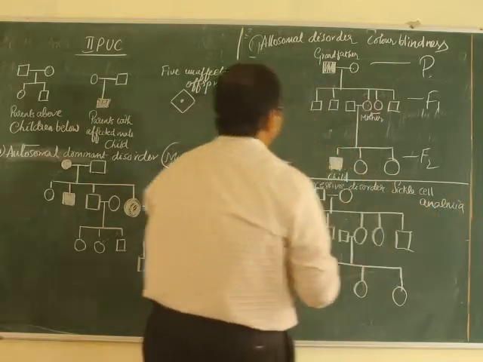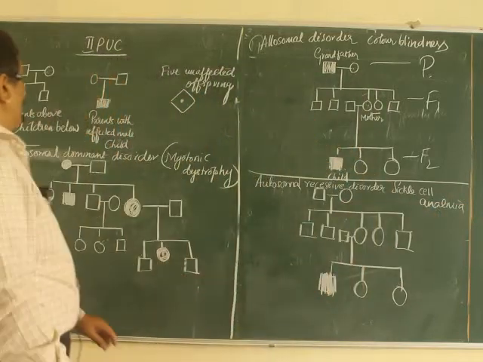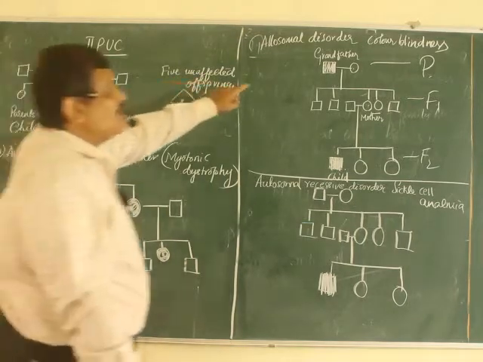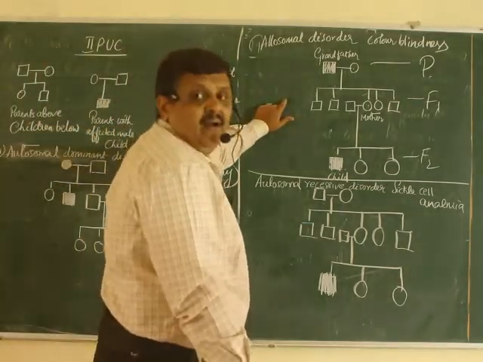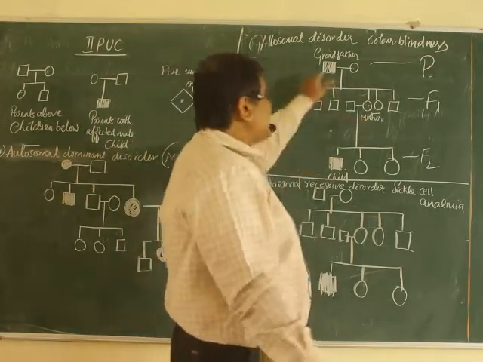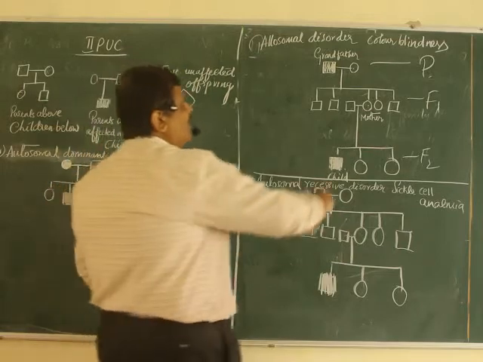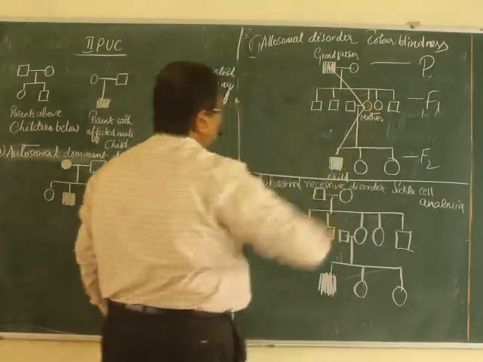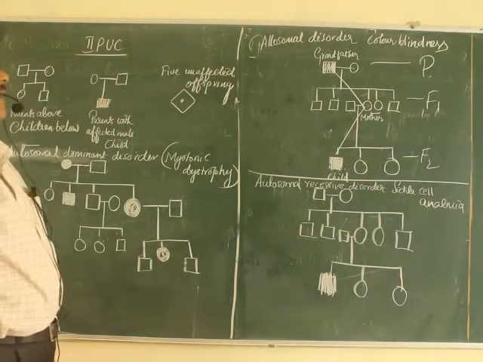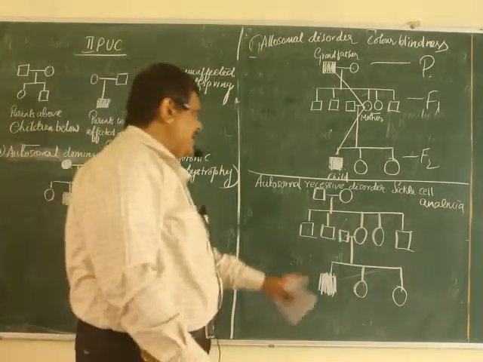So I have now explained three types of disorders. One is autosomal dominant disorder, and another is allosomal, sex chromosomal disorder, where the disease is transferred in a crisscross or zigzag manner from grandfather to the mother of the child, and from the mother to the child itself.